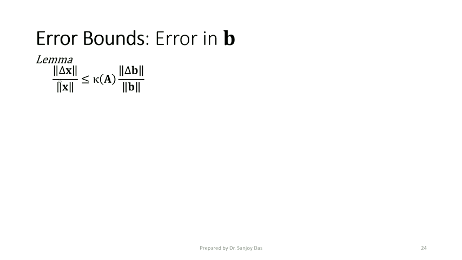So the fraction error in X is upper bounded by the condition number of A. There's no error in A, okay? But it's upper bounded by the condition number of A times the fraction error in B. Okay? Let's try to prove it.